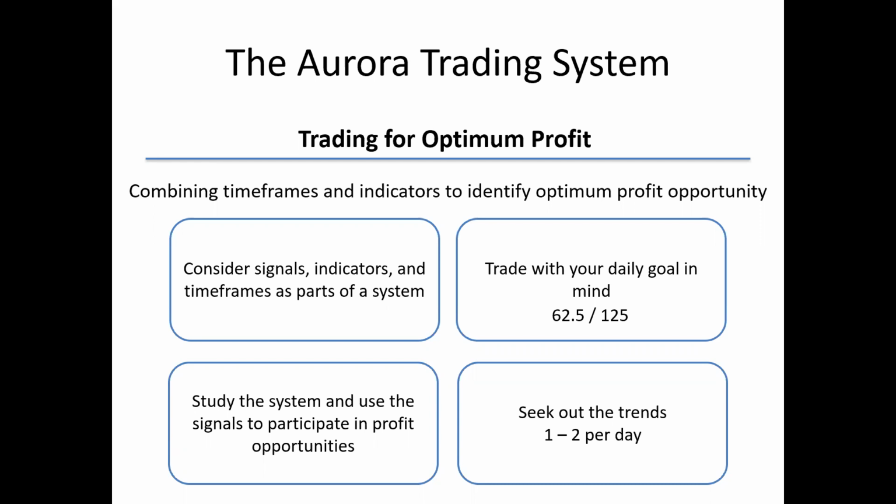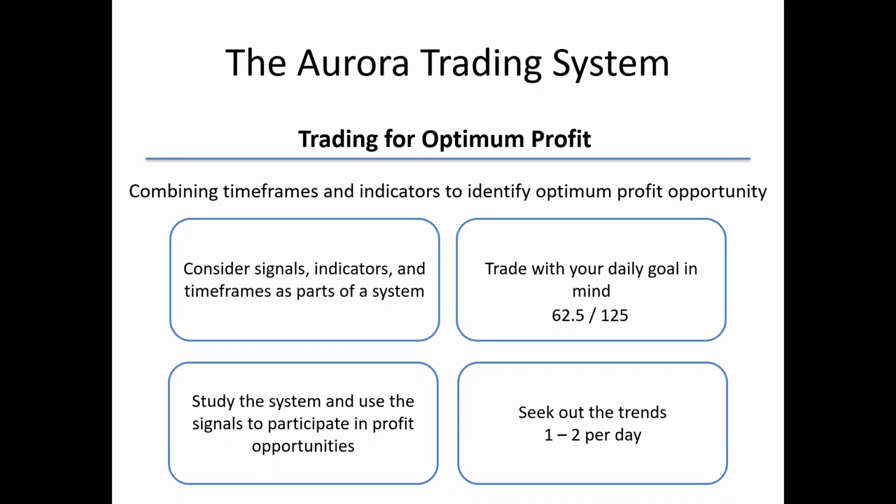So why 62.5 and why 125? Again, your numbers may be different, but let me tell you how that translates to the goal that we have here at New Cycle Trading and Analytics. 62.5 points on NQ and 125 ticks on oil, traded with 10 contracts, achieves a profit of $250,000 per month.